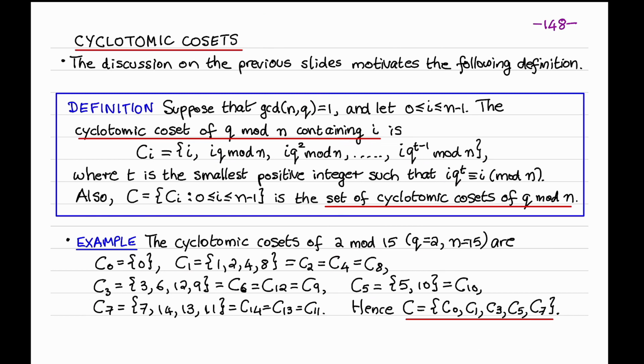So we've considered the cyclotomic cosets of all the 15 numbers between 0 and 14, and we've obtained 5 distinct cosets, C_0, C_1, C_3, C_5, and C_7. So the set C of all cyclotomic cosets of 2 modulo 15 has size 5. Observe that these 5 distinct cyclotomic cosets of 2 modulo 15 partition the set of all integers between 0 and 14.